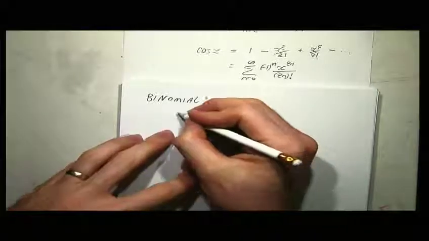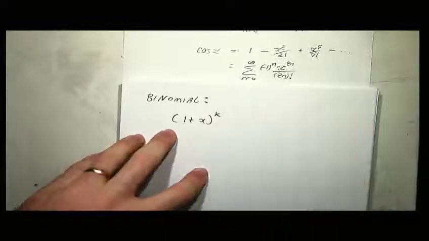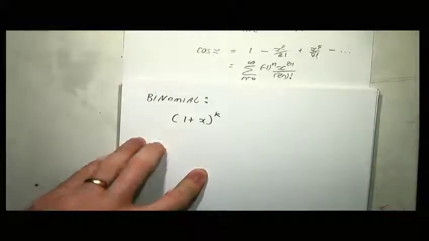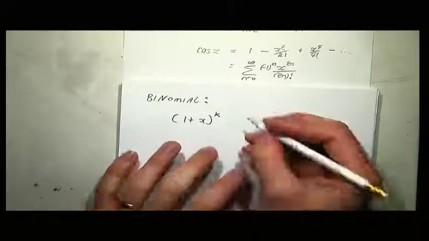The binomial series is the Taylor series for 1 plus x to the k, no matter what k is. It only converges, if k isn't a nice whole number, when the modulus of x is less than 1. I'll write that down in a second.